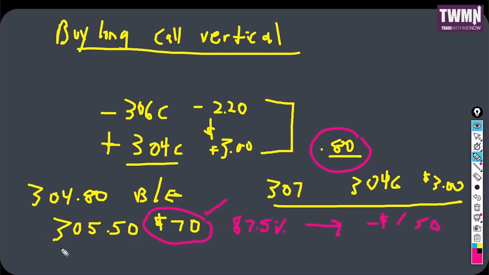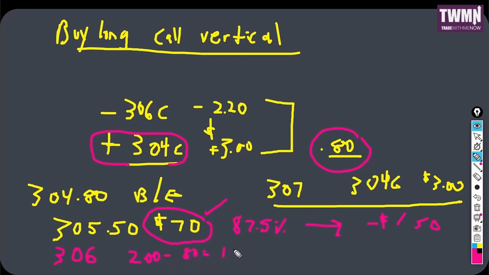Let's keep going. What if price went up to 306? Look, I'll do short math here. Take the long call right here, the 304, subtract it from 306 like we did before, and it makes $2. That's $2 gross, right? Minus the 80 cents.